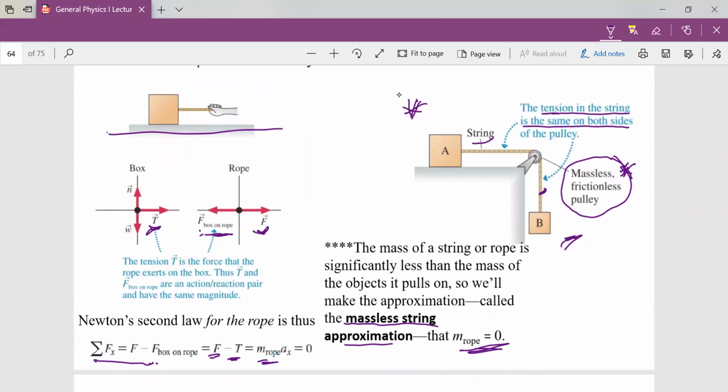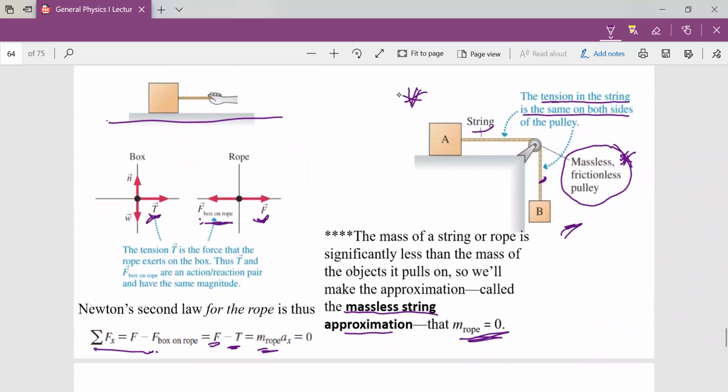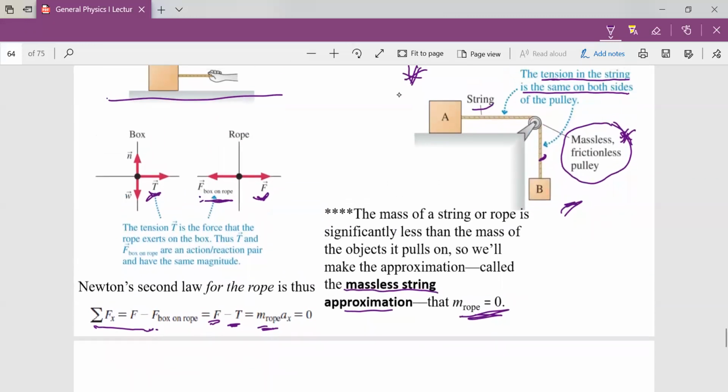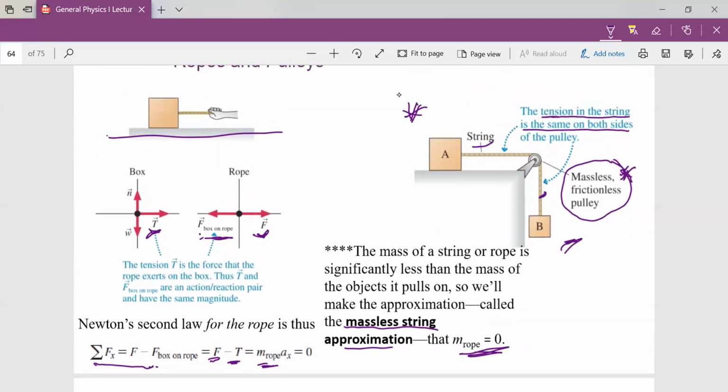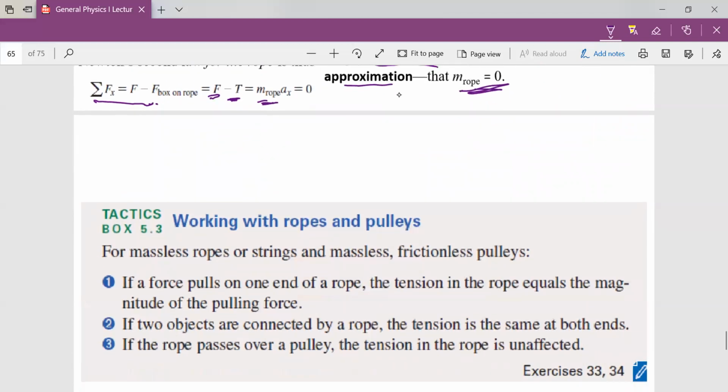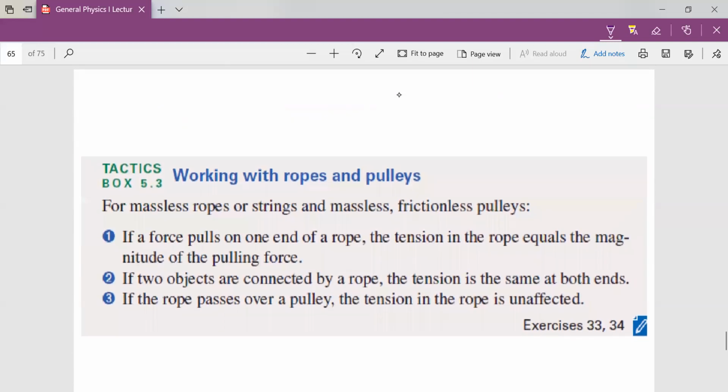So that influences the whole expression, okay? So we are going to assume that every problem we'll be solving will be an ideal case of a pulley. The rope is going to go through a frictionless surface, so we'll not have interfering force. All right, so what are the tactics we're going to use to solve this kind of problem?